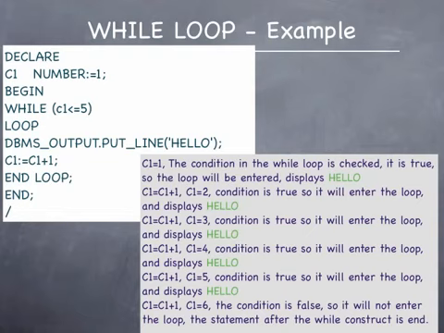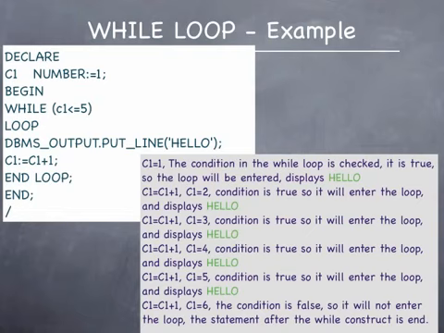On the slide is a program that could have been written to display the word hello on the screen 5 times using the while construct. I'll read the program out to you. It begins with the word declare, followed by a numeric variable being declared called C1. It's set to an initial value of 1. In the body of the program is a while statement where a condition that's been written is C1 less than or equal to 5.